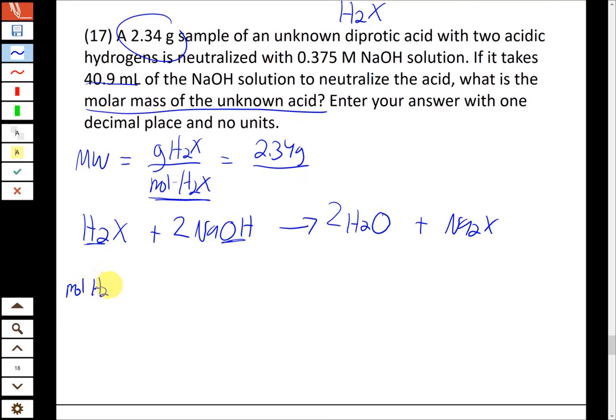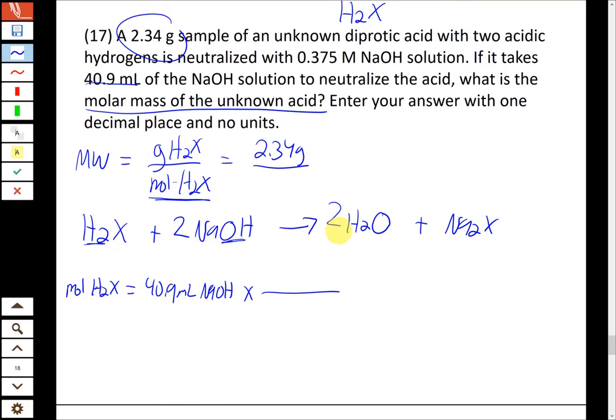All right, and as I said, the key difference in a solution stoichiometry problem is that we're not usually starting with a mass of a substance, we're usually starting with a molarity and a volume. So we have the mass of H2X, but we don't know its identity, so we can't use it in the stoichiometry, but what we have for NaOH is the volume and the molarity. So we know that we have 40.9 milliliters of NaOH solution, and we're going to use molarity as a conversion factor to go from volume into number of moles.